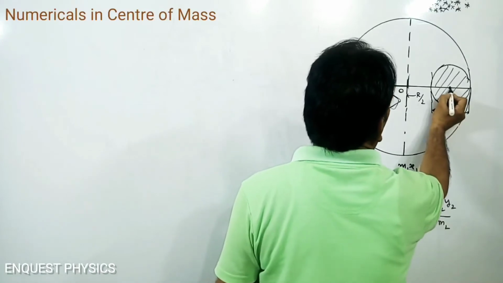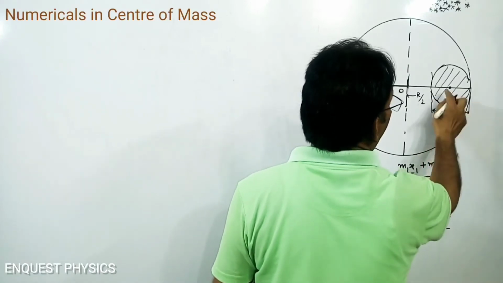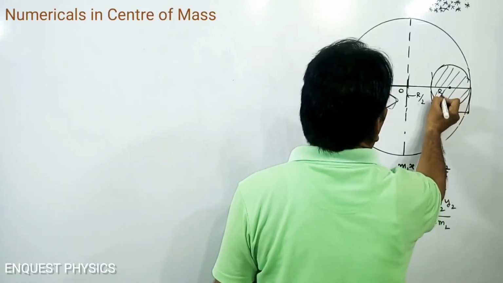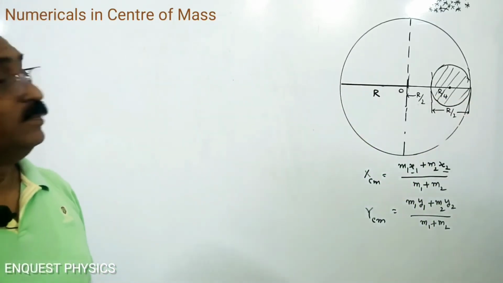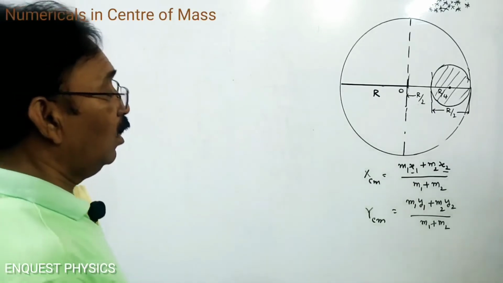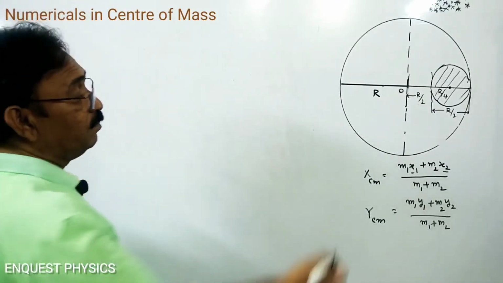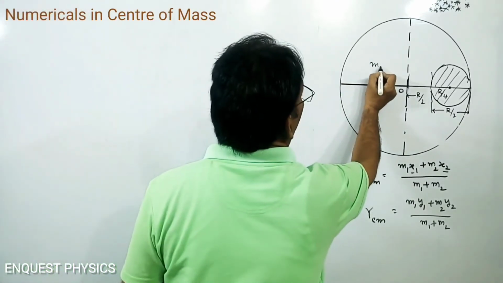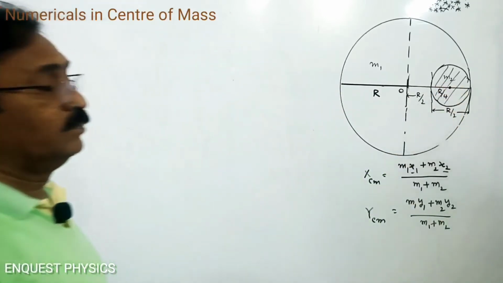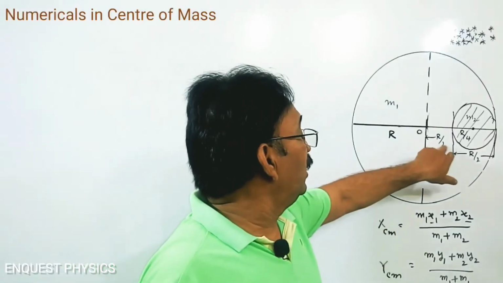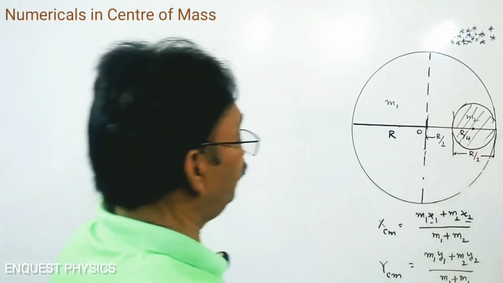Okay students, r by 2 means what? This part is r by 4. We have to use the same method here. It is m1 and it is m2. Here it is r by 2 and it is r by 4.